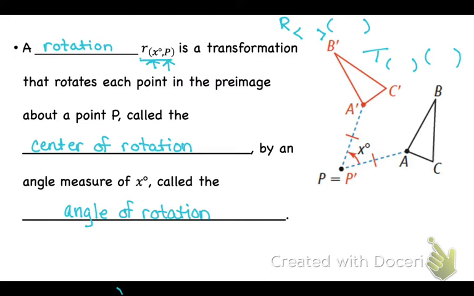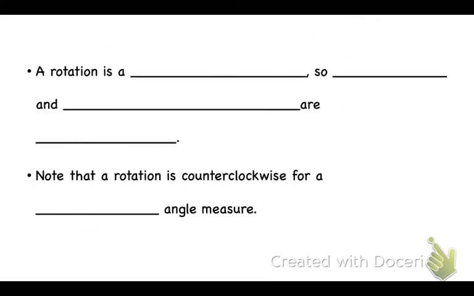Got it? Okay. So a rotation is a blank. So blank and blank are blank. What kind of thing have we been doing in 3.1 and 3.2? It is a rigid motion.